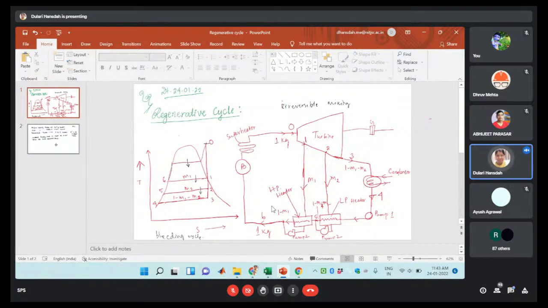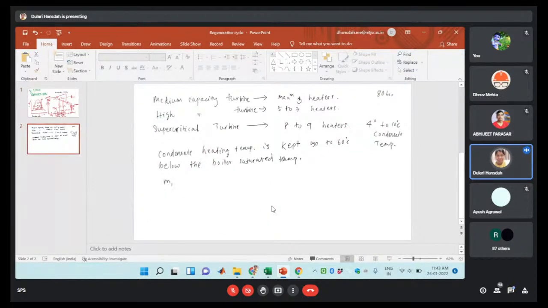So what is m1? m1 is kg of high pressure steam flow.